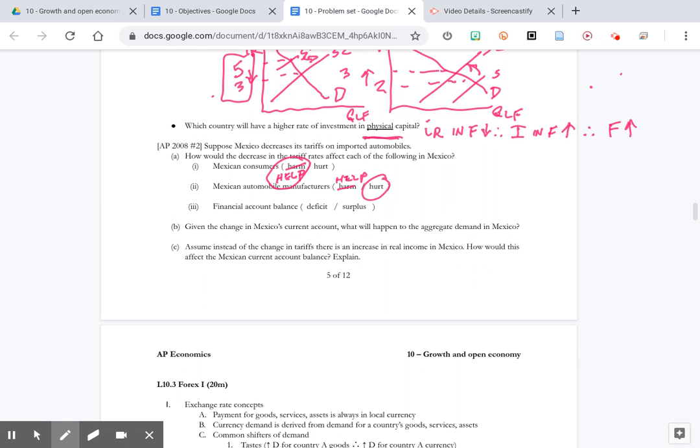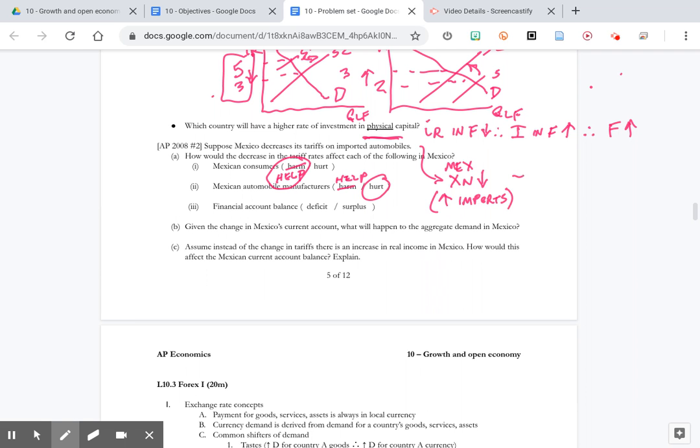What about Mexico's financial account balance? So this one is a little bit harder to think about, but think about it like this. If that happens, then the Mexican XN will go down because there are more imports. So this is how we're going to think through this. If they cut the tariff on imported cars, the imports will rise, so net exports will go down, Mexican net exports.